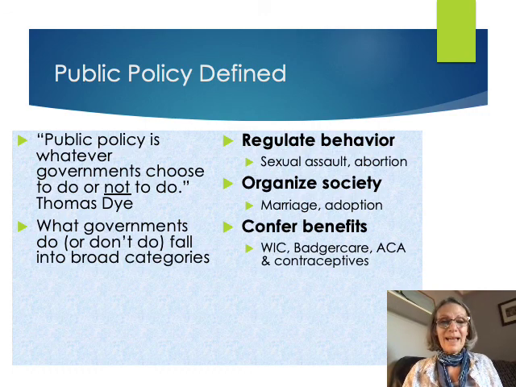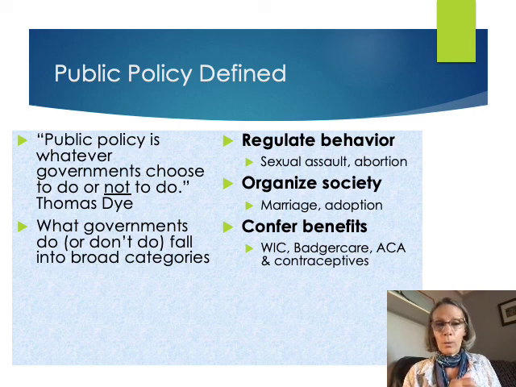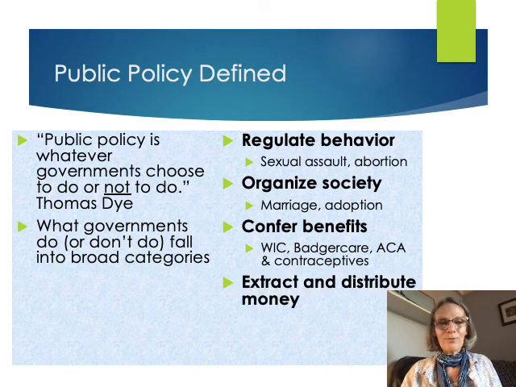Conferring benefits, so that government makes public policy decisions about who gets what. And so Badger Care, Women, Infants, and Children, the Affordable Care Act that confers the benefits of contraceptives as a part of normal coverage with your insurance. Those are good examples of conferred benefits.